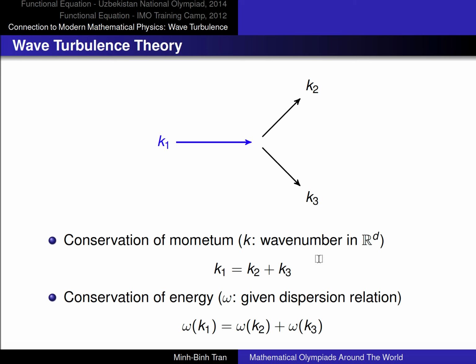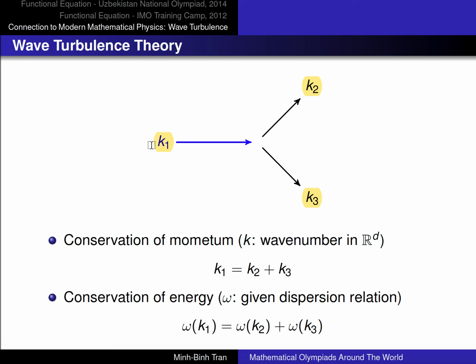Now, what is the connection with the previous two mathematical Olympiad problems? Let us consider one wave k1. This wave is broken into two waves k2 and k3. But you also have the case where the two waves k2 and k3 combine into the wave k1.